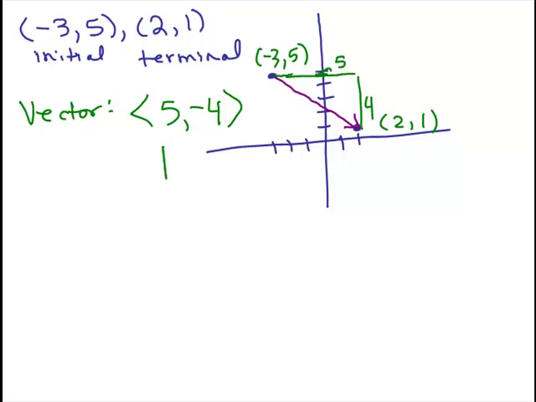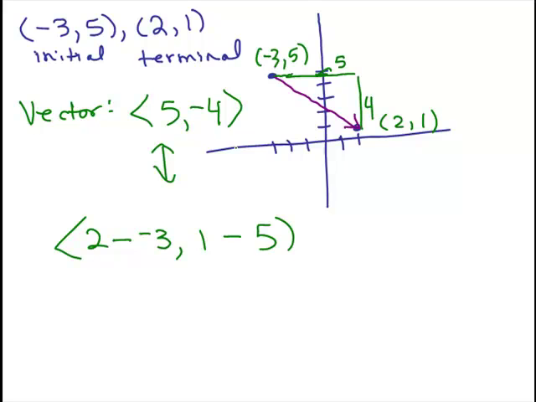So another way you could have gotten that answer is you're going to take the terminal point's first component minus the initial point's first component. So 2 minus a negative 3 will give you your first component, and 1 minus 5, okay, you get the same thing. That'll give you 5, negative 4.